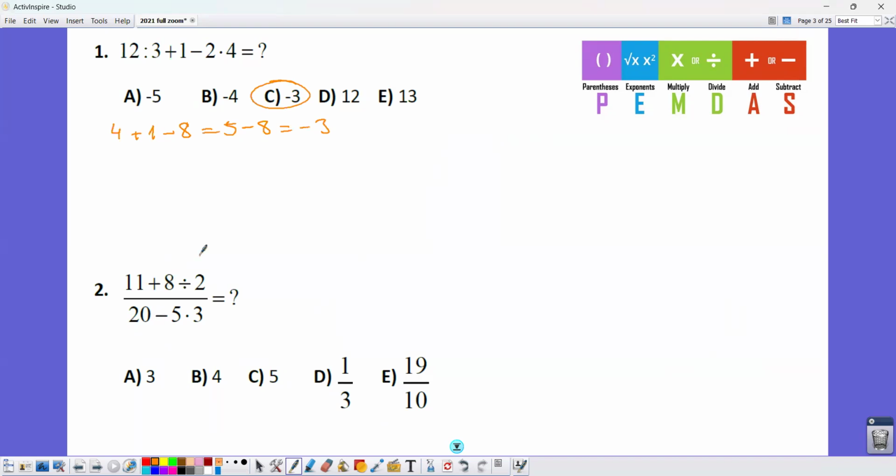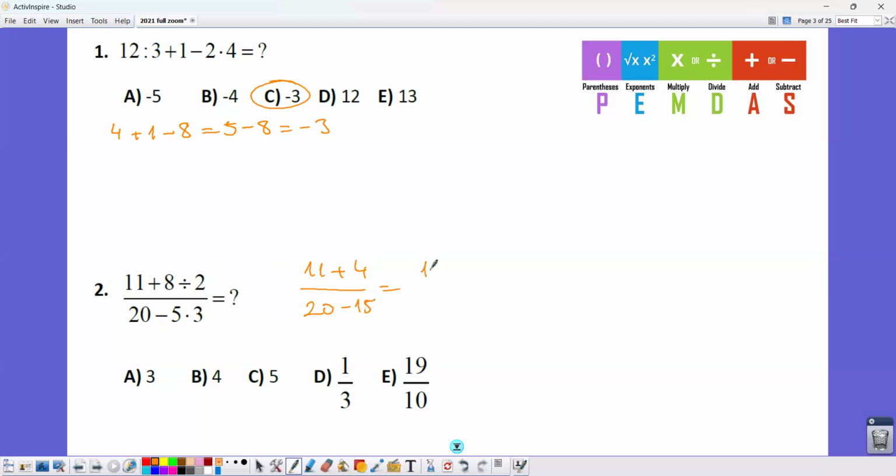Also in the second one, again, it is a PEMDAS rule. So firstly, we need to do the division and multiplication. So we have 11 plus 8 divided by 2, it's 4, over 20 minus 5 times 3, it's 15.